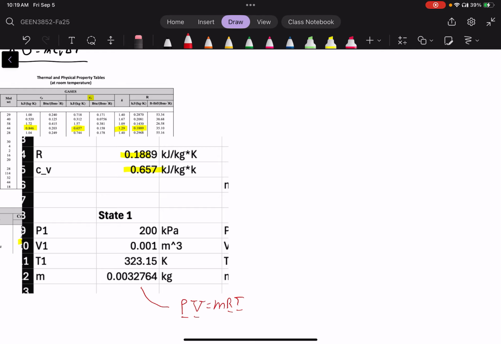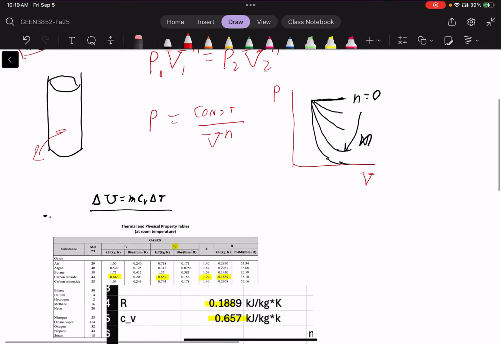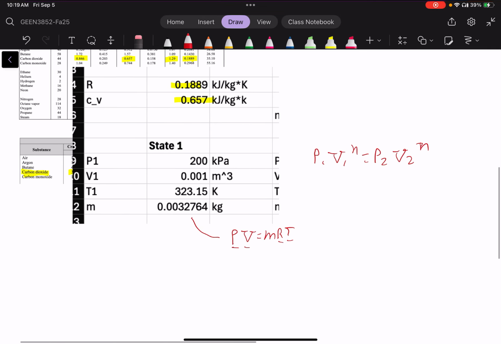The next thing I'll do is calculate the second state using that n value. We said P1 V1 to the n equals P2 V2 to the n. So if I'm trying to solve for that second pressure, I know the second volume is going to be 0.003 meters cubed. That's given in the problem. So I can calculate the pressure, and then I can calculate the temperature using the ideal gas law.